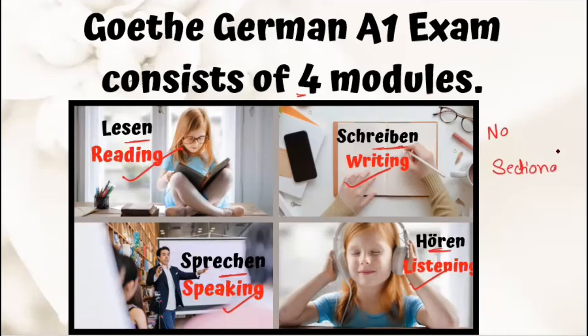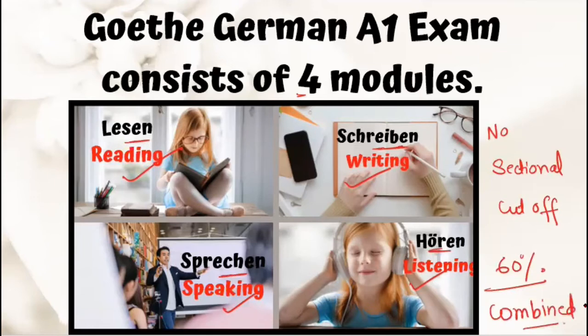If you have to clear this exam, you have to score 60% combined, like reading, listening, writing, and speaking. If you score less in reading, more in writing, less in speaking, more in listening, the combined percentage should be 60% for you to clear this exam.